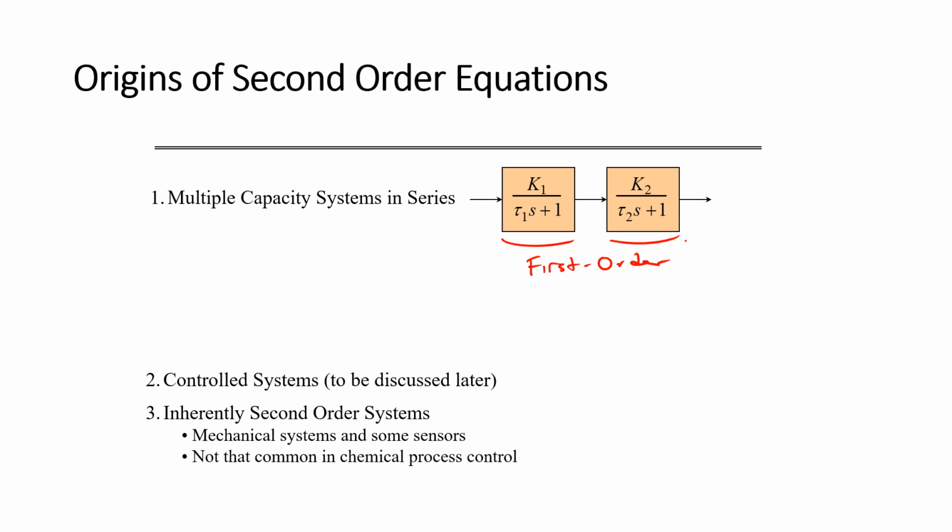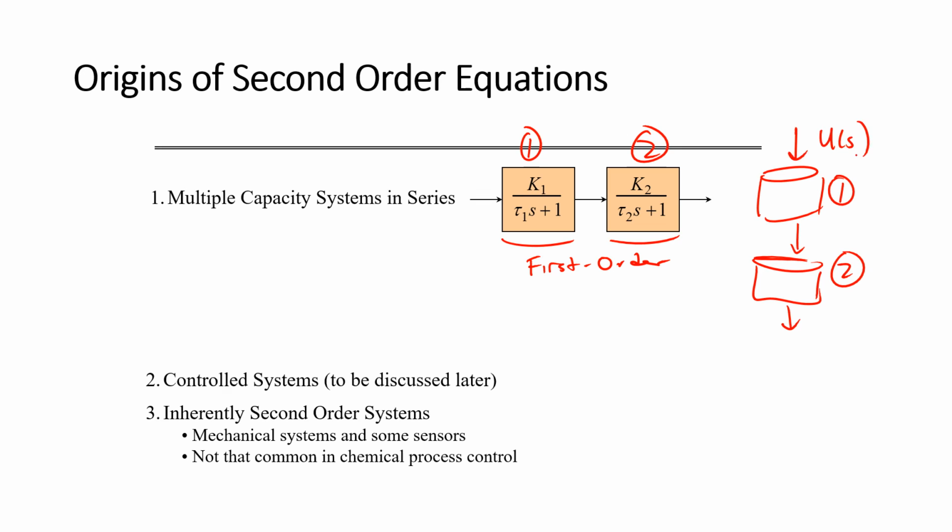If I have 2 of those in series, like let's say it goes into one process, let's say a tank, and then another process, another tank. So this would be like system number 1, system number 2. Okay, and if we want to relate the inlet flow here to the outlet flow here, it's going to become a second order system because we have 2 first order processes in series.